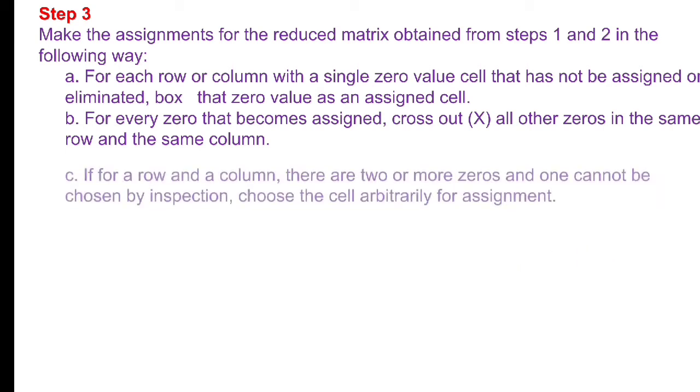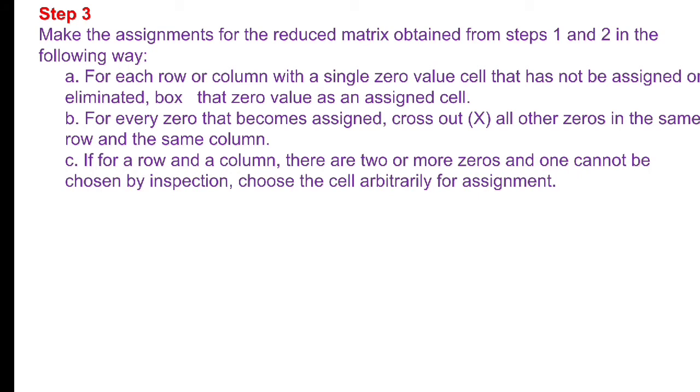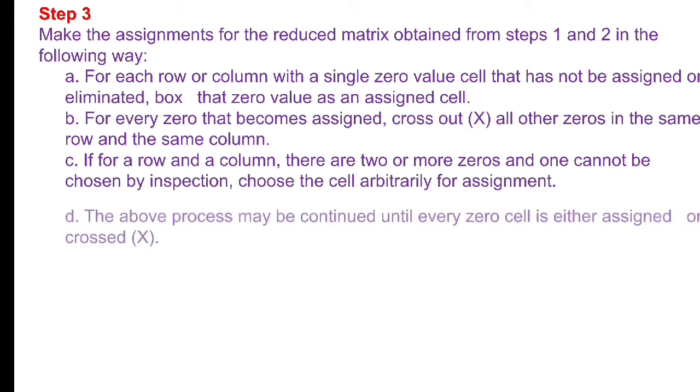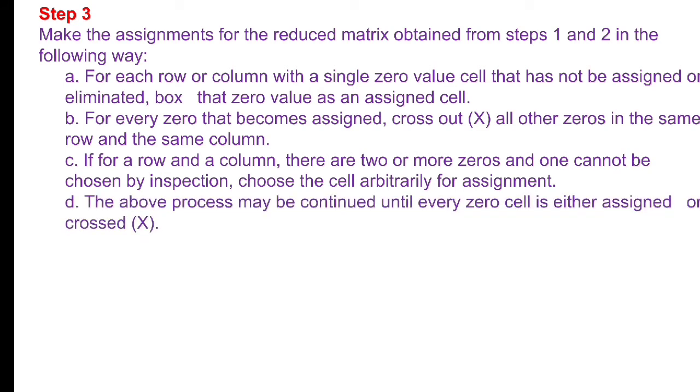If a row or column has two or more zeros and one cannot be chosen by inspection, choose a cell arbitrarily for assignment. This process continues until every 0 cell is either assigned or crossed out.